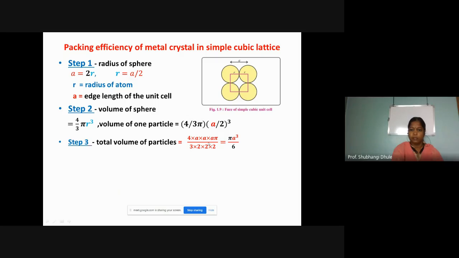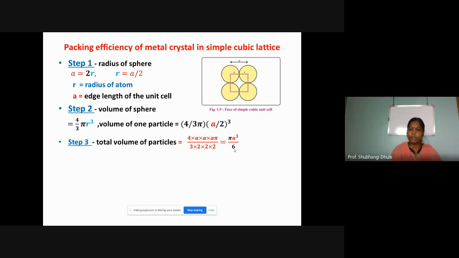Remember that this is 4 upon 3 pi, and not 3 pi. So pi is in the numerator, 3 is in the denominator, 4 is in the numerator, then a cube, and the cube of 2 is 2 into 2 into 2. So overall reduce this, and we get pi a cube upon 6. This is the volume of the one particle.